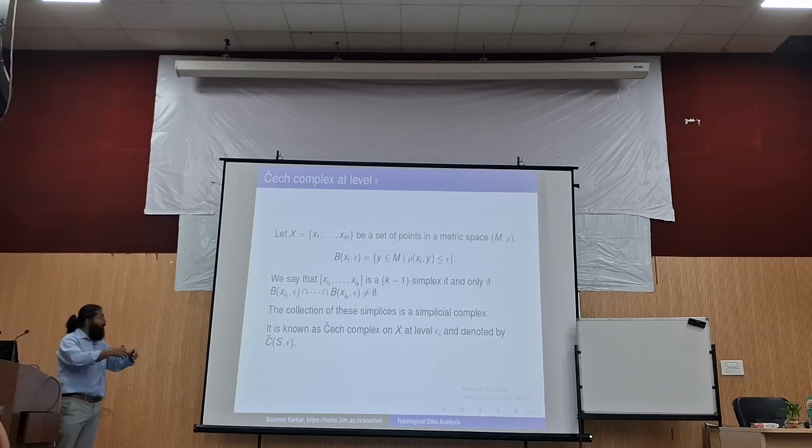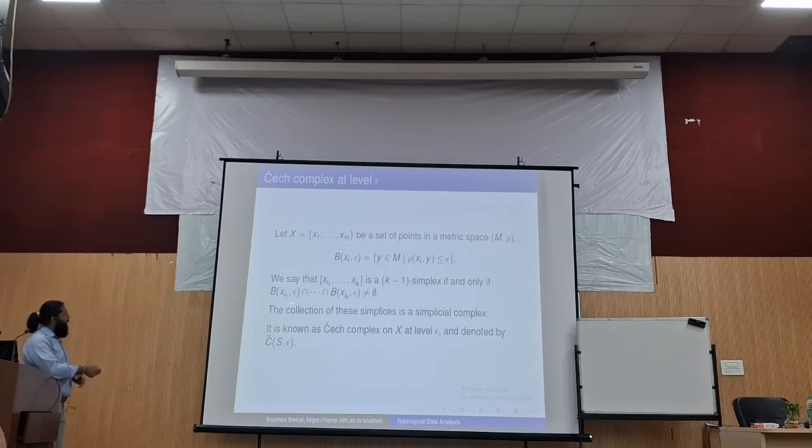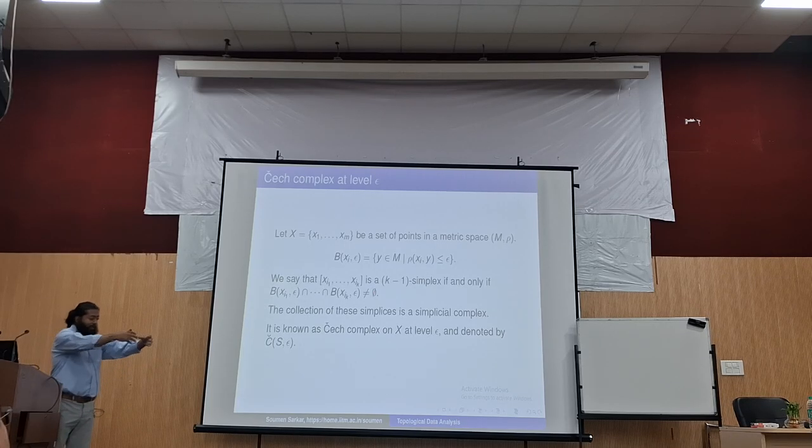If we have k balls of radius epsilon, and their intersection is non-empty, then we consider this set as a k minus 1 simplex. Because we have this set and their intersection is non-zero, it is like filled up, so the concept makes sense.